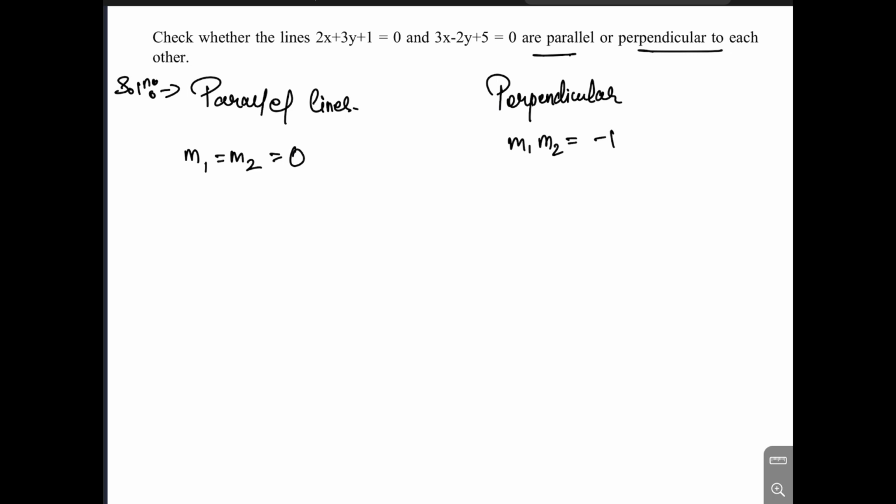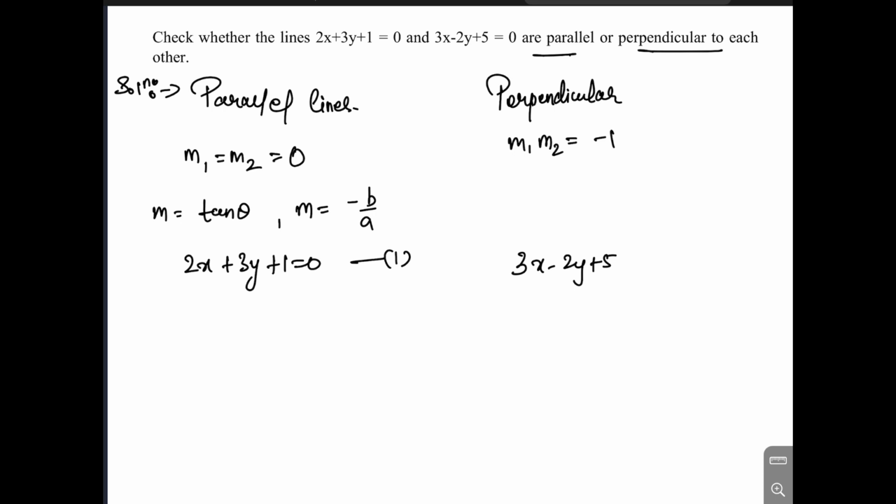Now let's try to check one by one. Here m is nothing but tan theta, or I can say m equals to minus b by a. Now let's try to find out. The given equations are 2x plus 3y plus 1 equals to 0, let me consider equation 1, and 3x minus 2y plus 5 equals to 0, equation 2, I can say.